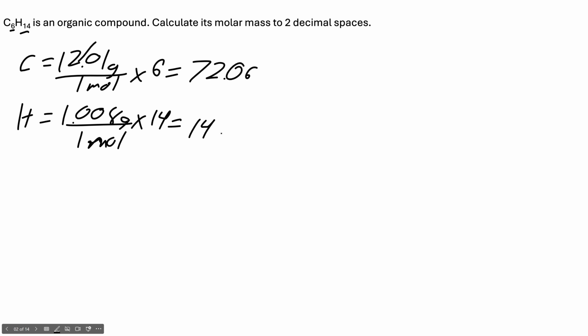I don't think that this decimal is going to matter in the end, but I'm going to put it in anyway, 14.112. And of course, these are both in terms of grams per mole.